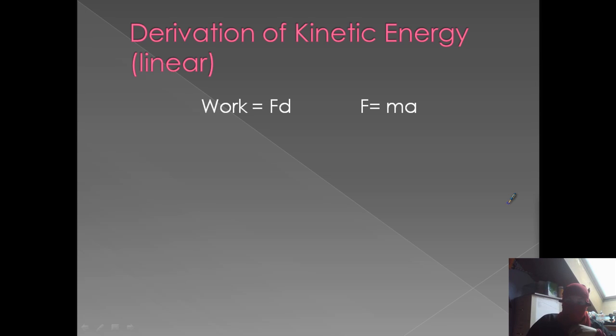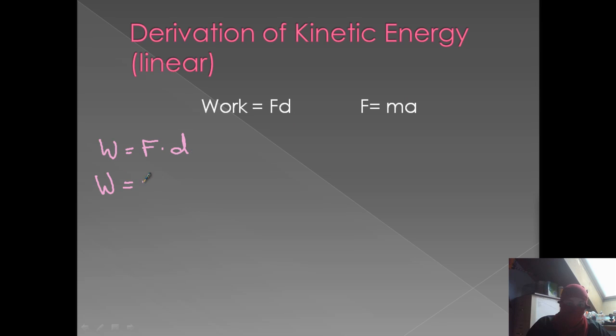So first, we start with our work equals force times distance, and we know that force equals mass times acceleration from Newton's second law. So W equals F times D. Now we're going to substitute Newton's second law in for the force.